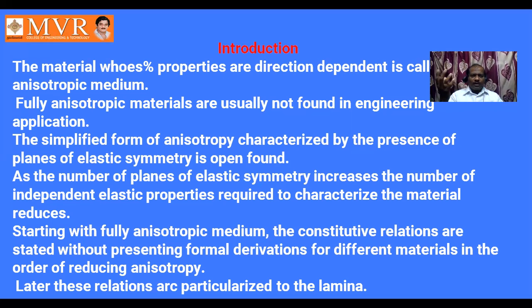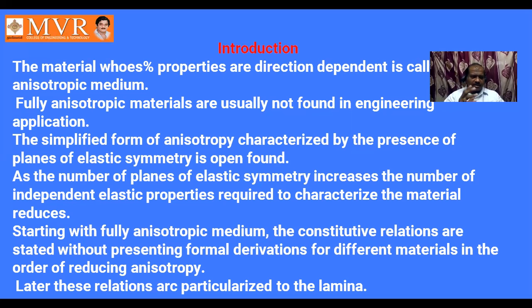If you take a square lamina, or any object in the form of a square, and say this is a plane material, how many edges are there? This can be one direction, this can be another direction, and this another direction. So that means as the number of planes of symmetry increases, the number of independent elastic properties required to characterize the material reduces.